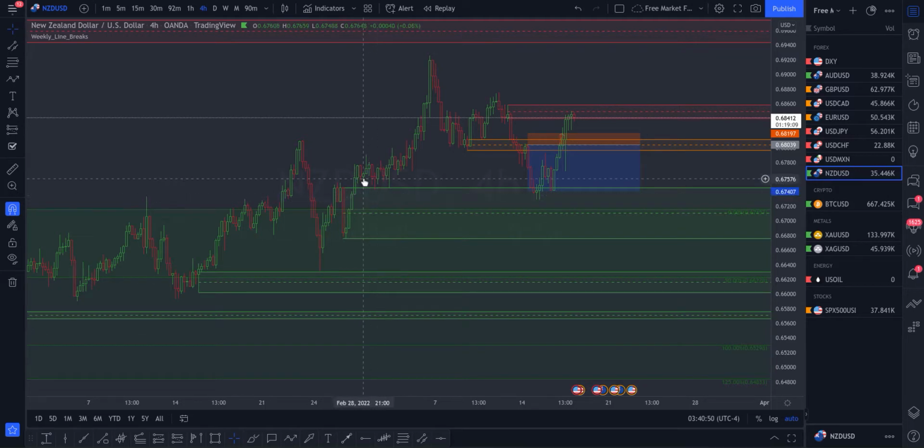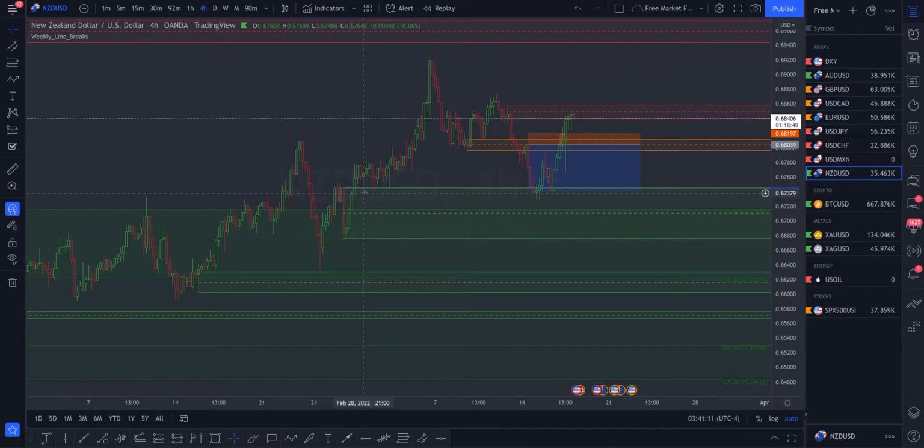But I told you guys before, just because a zone has been mitigated does not mean that it will not come back and be mitigated again, because it could have some orders that are still sitting there, okay, that need to be picked up or need to be filled, okay.